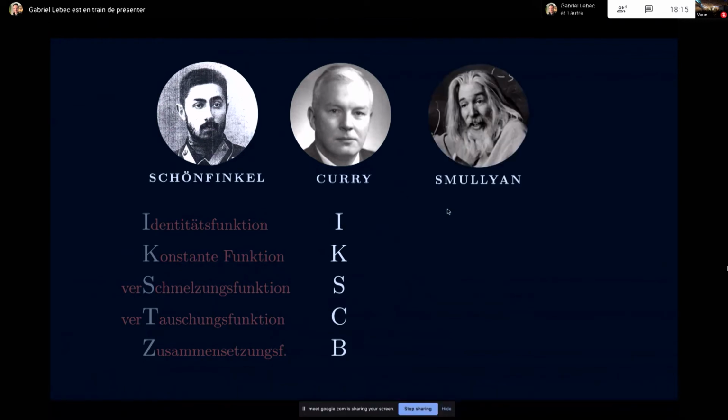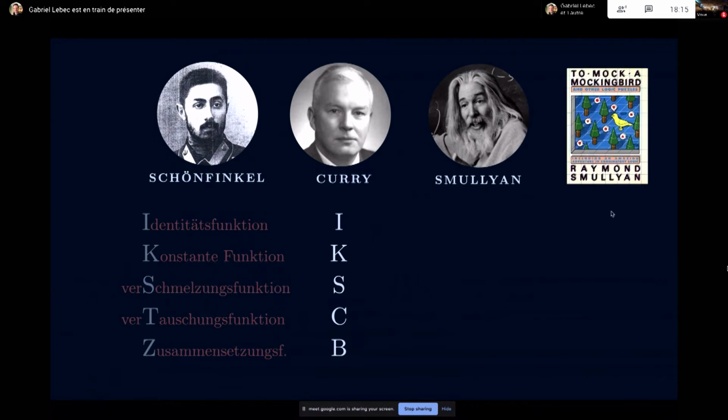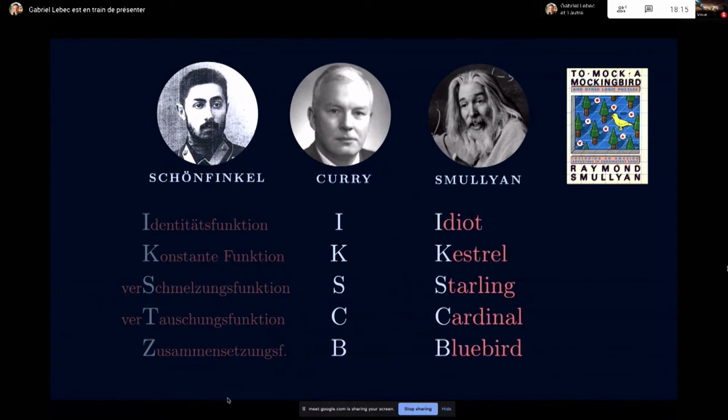And then even later, this logician and puzzle author named Raymond Smullyan wrote a book called To Mock a Mockingbird, which is really delightful, quite challenging at times. It's sort of a game and puzzle book, but it is about these functions. And he used as a metaphor birds in a forest instead of functions in a domain.